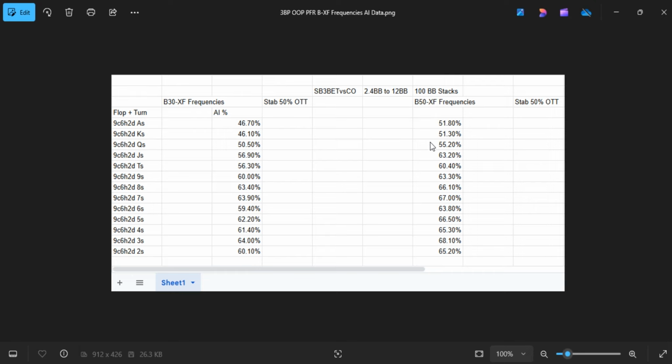We know when they check a polarized range, that range is going to be overfolded. So this is an important note. You want to stab more against a bet 50 than a bet 30 when you're on the turn, because the bet 50 check-fold frequencies fold more than a bet 30 check-fold frequency.